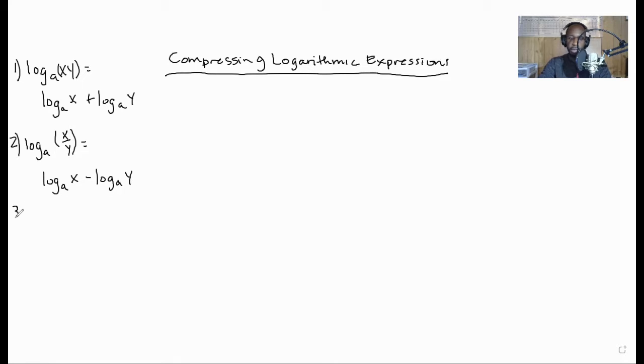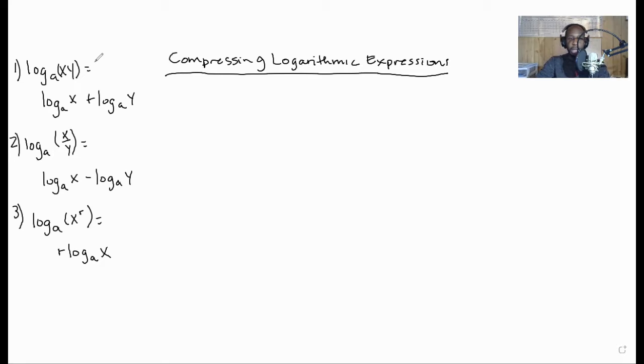And then finally, if you have a log of some variable x to the r power, you can pull that r to the front. So that's r times log of x.